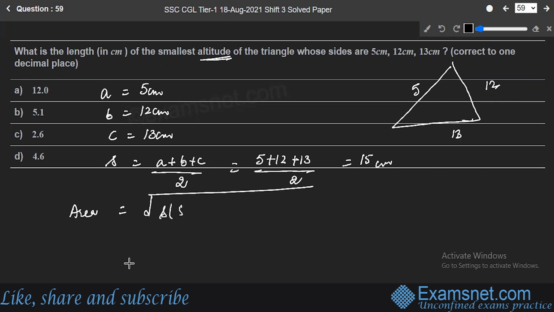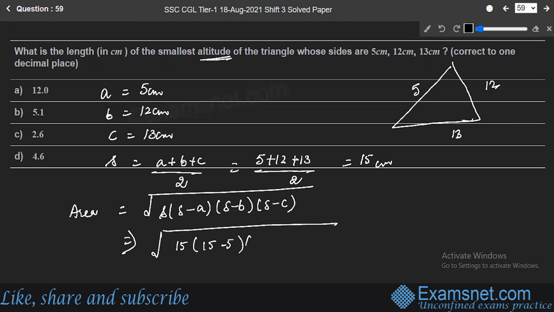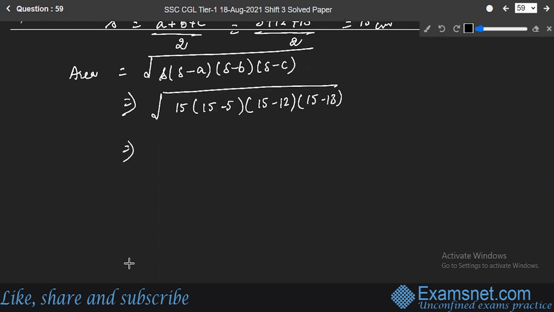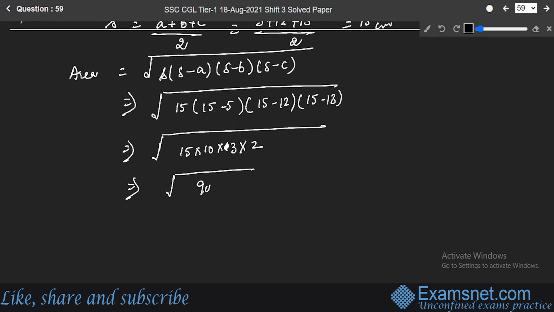Area is given by root of S into S minus A, S minus B, S minus C. S is equal to 15, so 15 minus 5, 15 minus 12, 15 minus 13, which will be root of 15 into 10 into 3 into 2, which is root of 900.